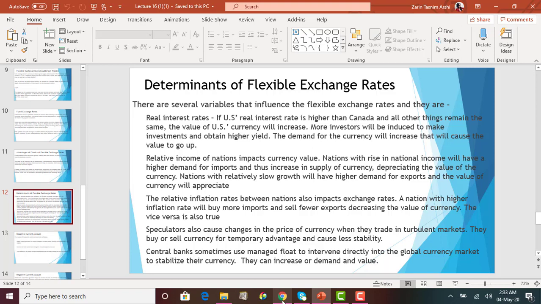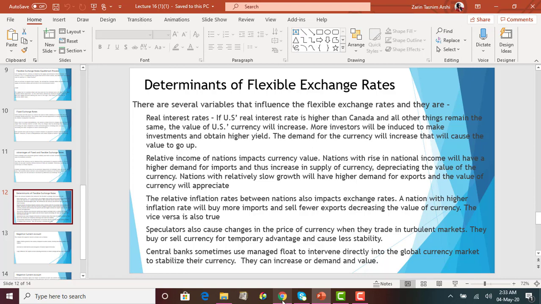So under a flexible exchange rate system, there are many determinants. Okay, so the determinants of a flexible exchange rate system are: number one is the real interest rate. If the real interest rate is higher in the US than Canada, then all other things remaining the same, the value of US currency will increase.